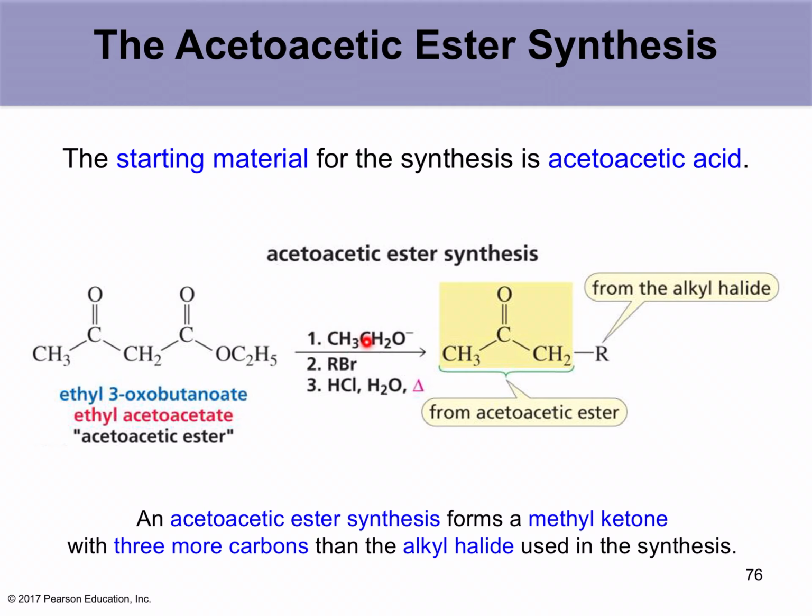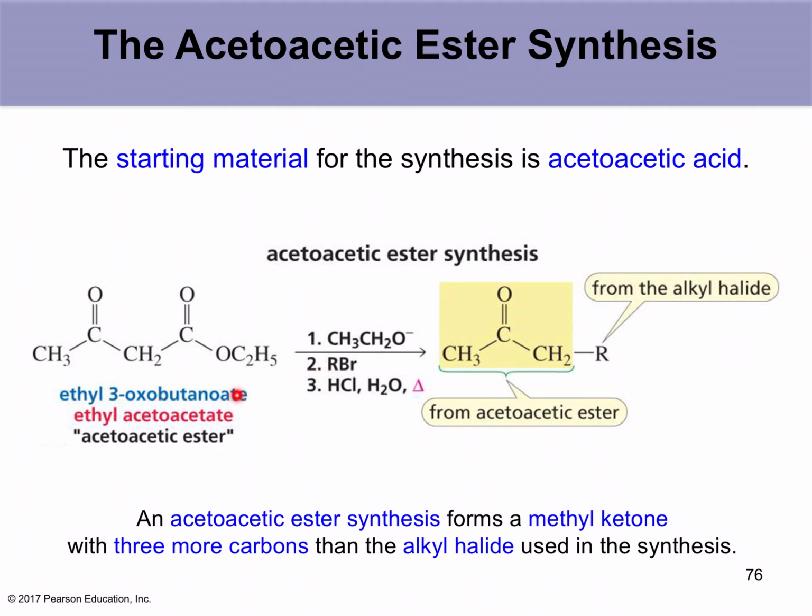Remember, in the malonic ester synthesis also, you had an ethoxide ion, CH3CH2O minus. What does the ethoxide do? Now you know what it's going to do. It's going to deprotonate your alpha hydrogen, same as the malonic ester, and then that's going to react with the alkyl halide.